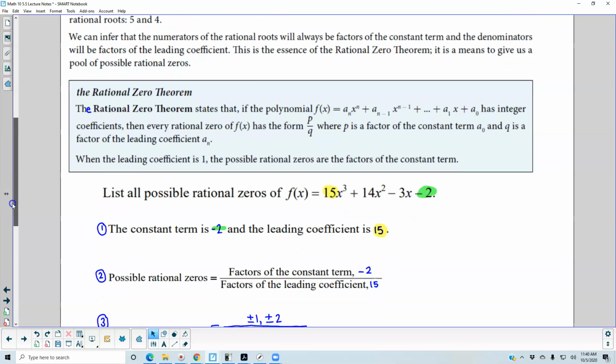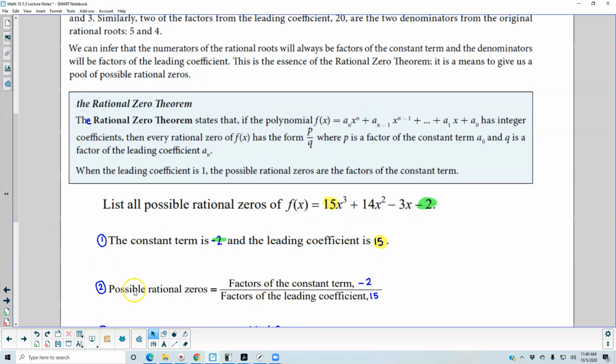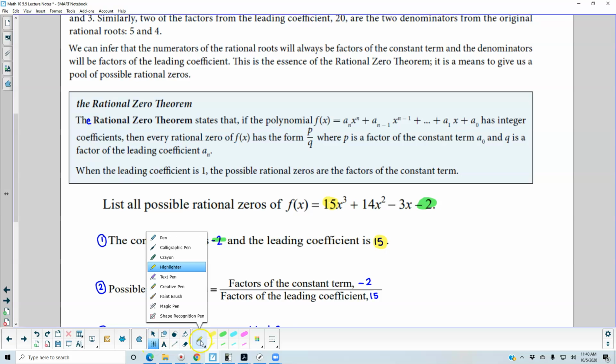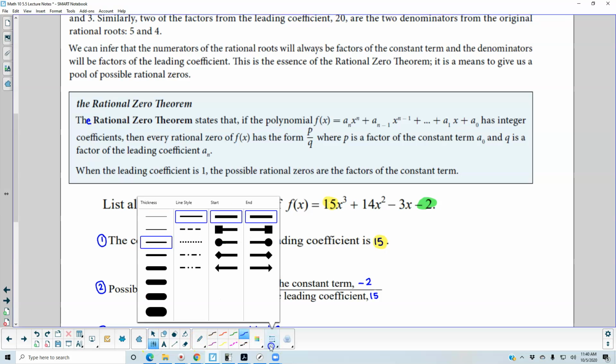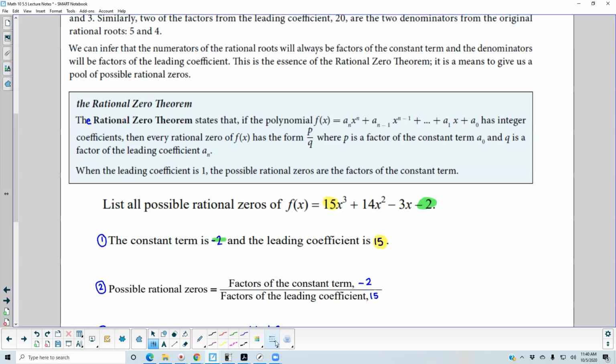So now that we know that, we're going to set this up as possible rational zeros. So p is going to represent negative 2. So we can see here that p over q, so the factors of the constant term, negative 2, are going to be in the numerator. And the factors of the leading coefficient, 15, are going to be in the denominator.